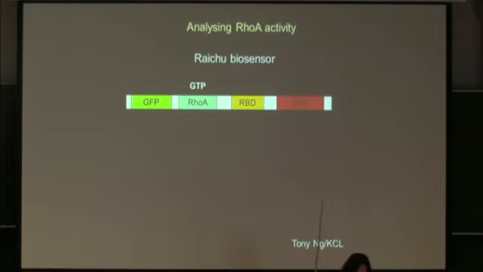So Rho A, as we know, is active when it's bound to GTP. And when it's active, in this molecule, which I'm showing here, so this is a protein that we've made artificially, the protein has two fluorescent proteins at either end, GFP, which fluoresces green, and RFP, which fluoresces red.